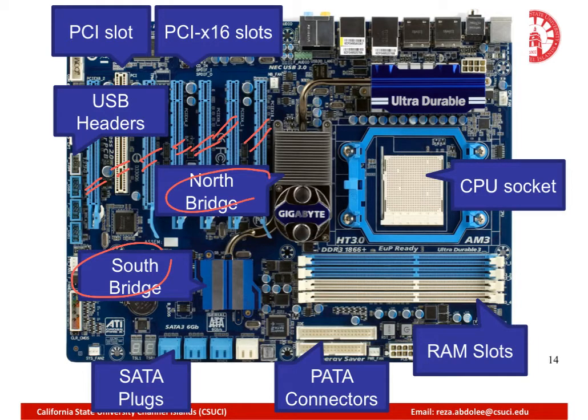We have the CPU socket, the RAM slot, and also our I/O connector at this end of the board. We also have USB headers integrated within the motherboard, and also some other I/O peripherals.